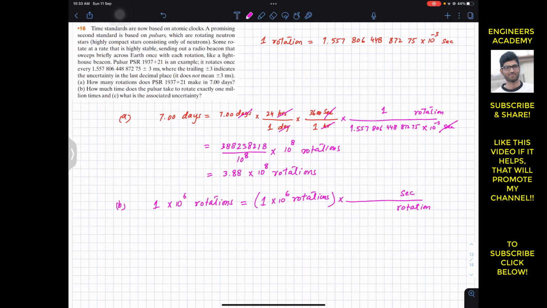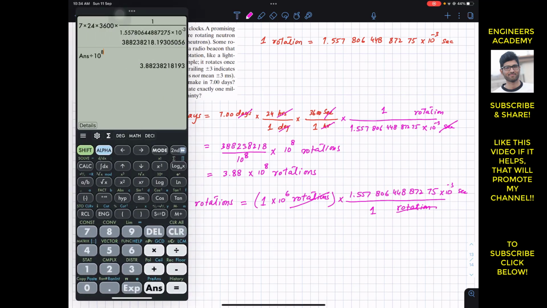So one rotation is equal to this much seconds, right? So again we need to write this number. This is 1.557806448 into 10 raised to the power minus 3 seconds. So rotations will cancel out and we will get our answer in seconds.